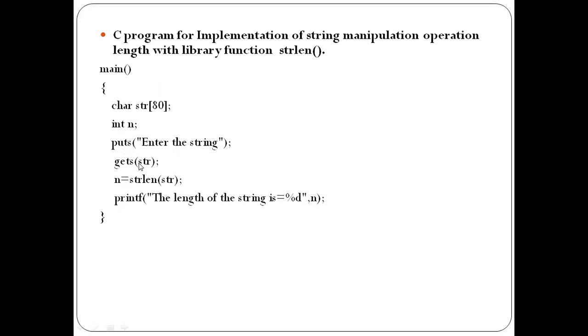The string I enter goes to the gets function, and strlen reads its length. printf the length of the string is equal to %d and n. Here I am declaring the integer variable n.